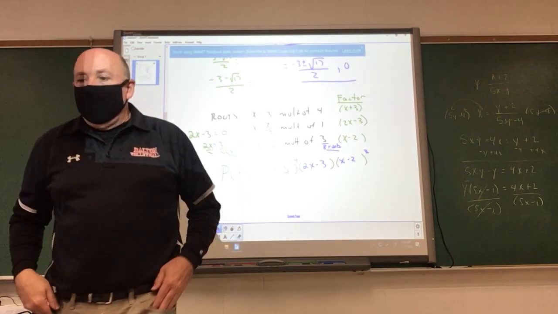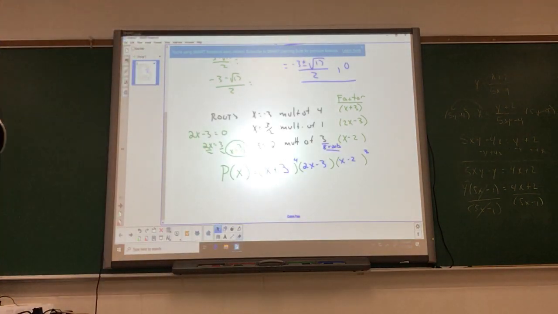That one's a little bit different, puts a process in reverse on you, which you should be able to handle. Other than that, everything is pretty much what we've been dealing with. When I ask you to do things synthetically, do them synthetically. You need to show me the synthetic substitution, the little box and the process.